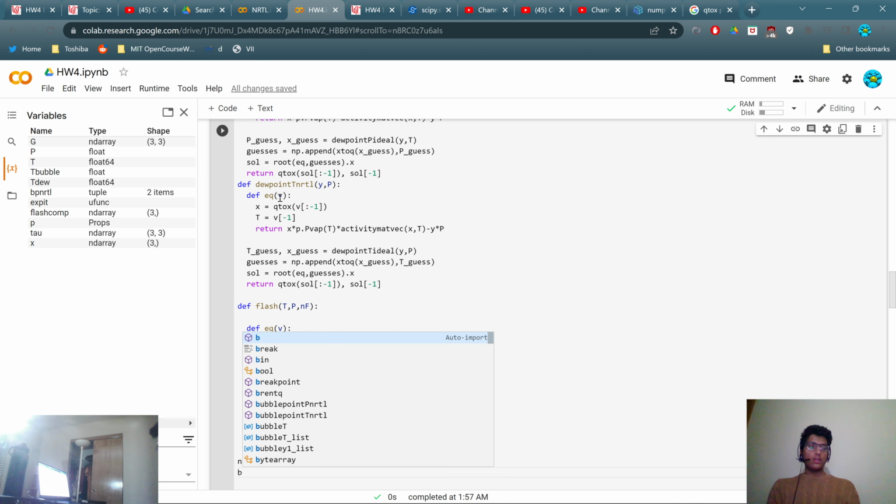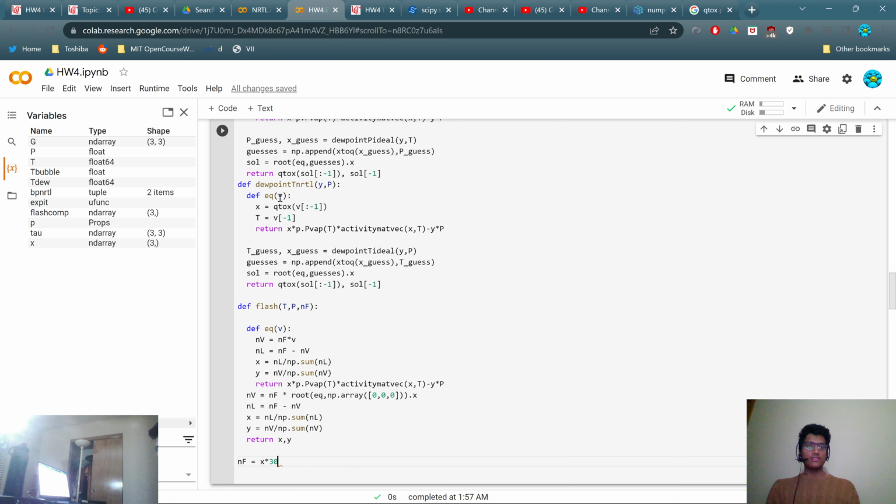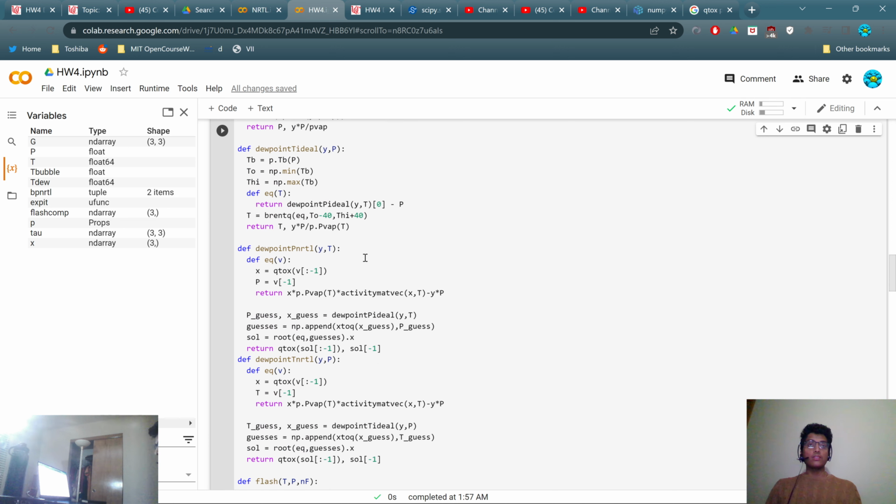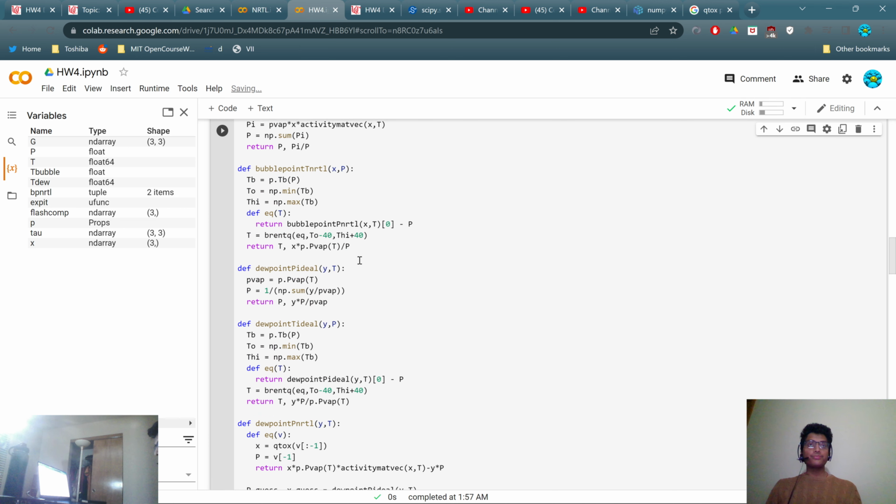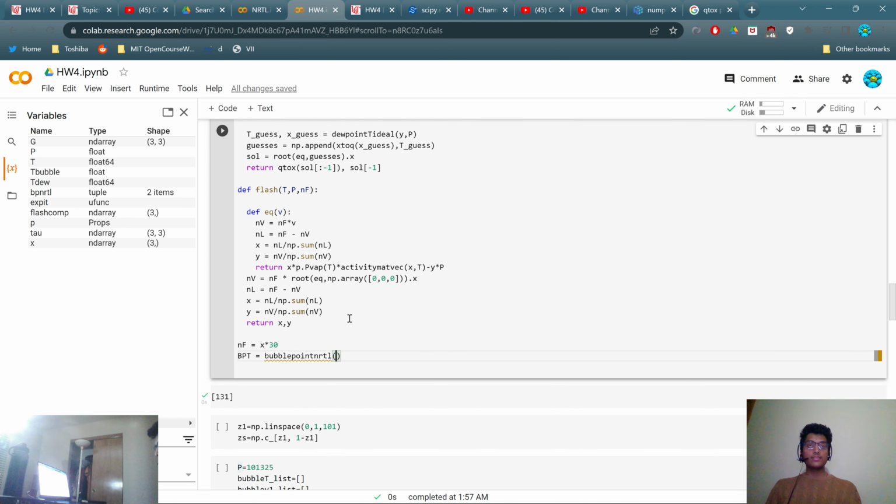So I'm going to say BPT equals NR bubble point NRTL. And then what does bubble point NRTL take? We wrote that one. So it takes in X, which we have, and a pressure, which we have.